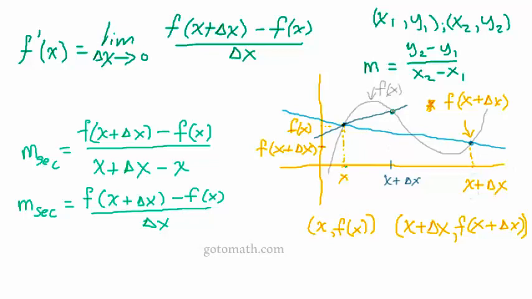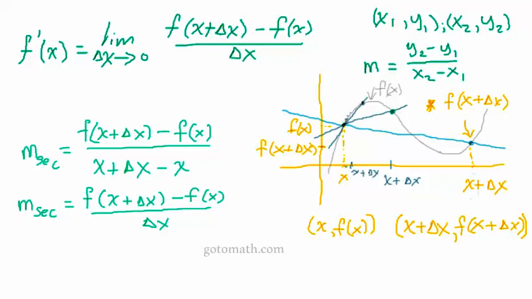Well, as we move this point along and we draw a new secant line, what's happening as delta x approaches 0? This is x plus delta x here, and it's getting smaller and smaller.